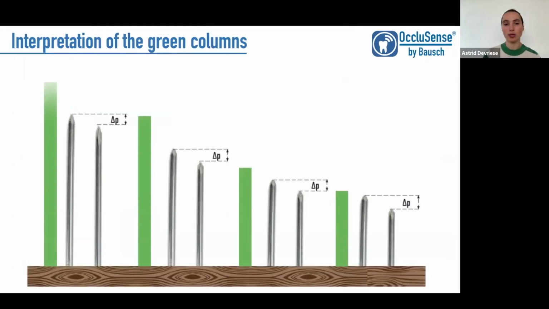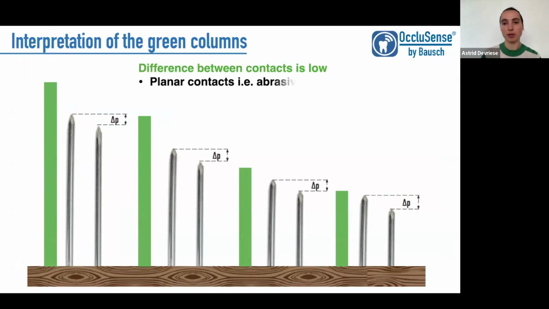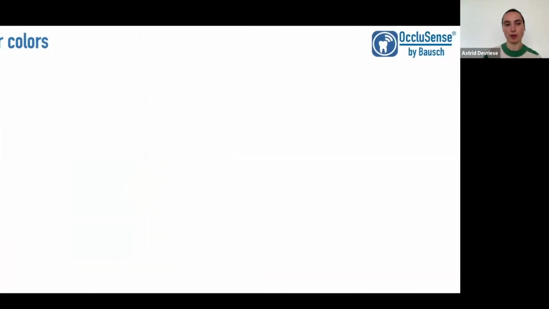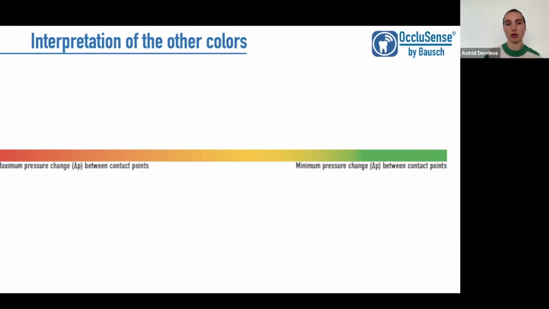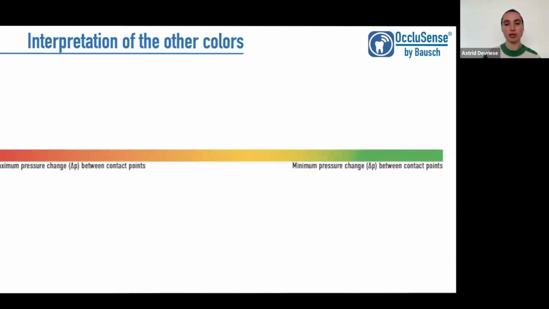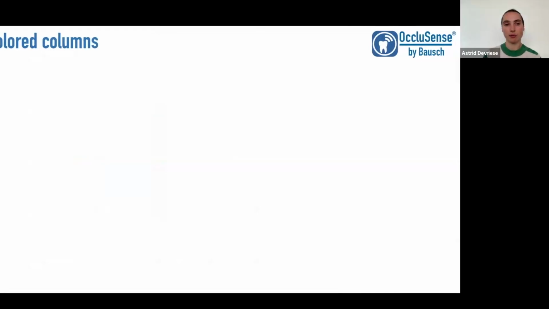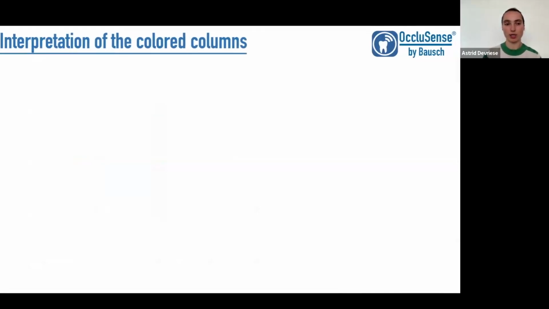When we come to the green points, you would have a really small difference between the two pressure points next to each other. And this would be, for example, abrasive teeth or contacts with similar pressure points. And all the other colors are, as I said, in between, marking the wide range between them.